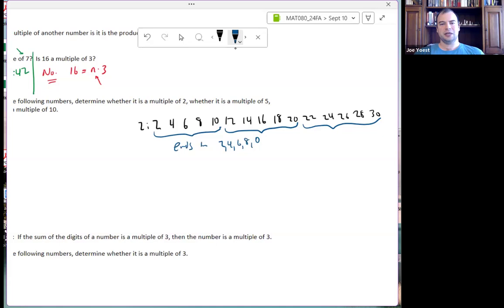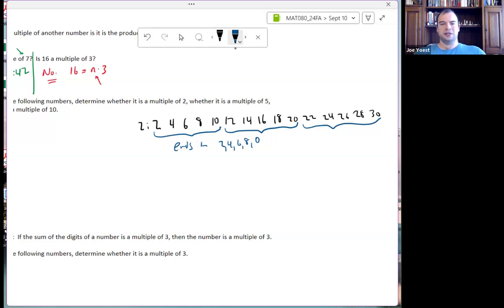So it seems like all multiples of 2 end in 2, 4, 6, 8, or 0. And it also seems like any number that ends in 2, 4, 6, 8, or 0 is a multiple of 2.